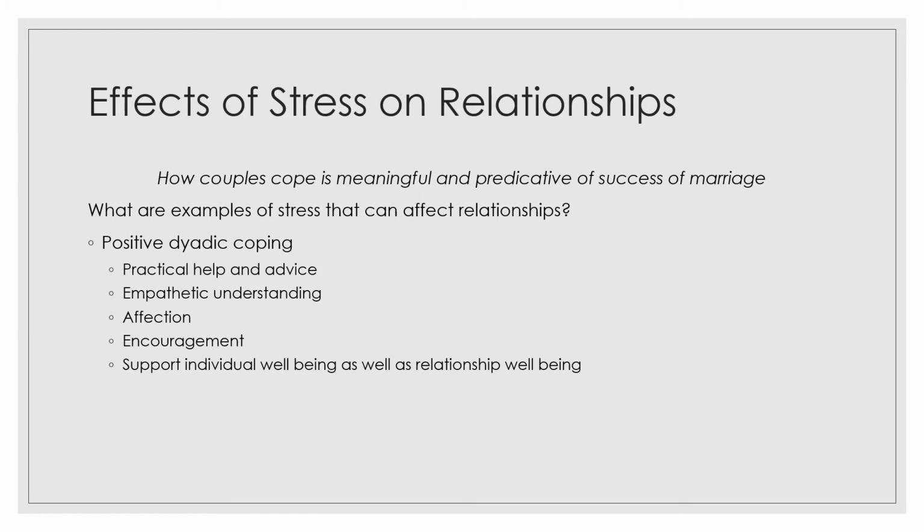So supporting that individual well-being is important, but just as important is to look at that relationship as its own being and make sure there's support for the common goal within that relationship as well.